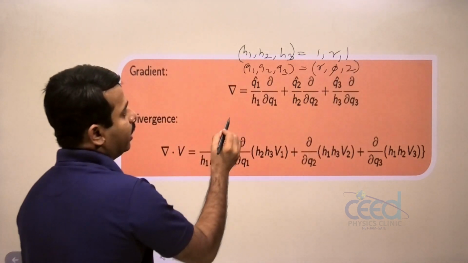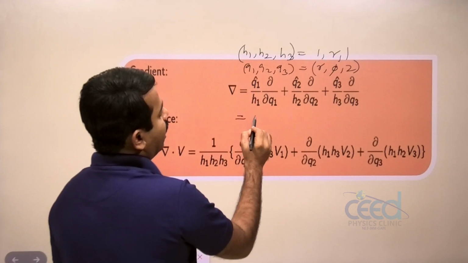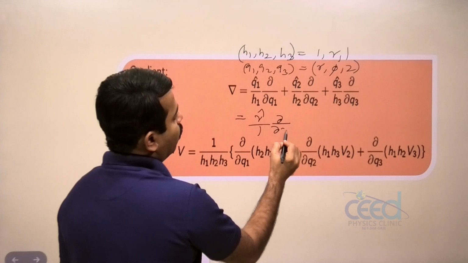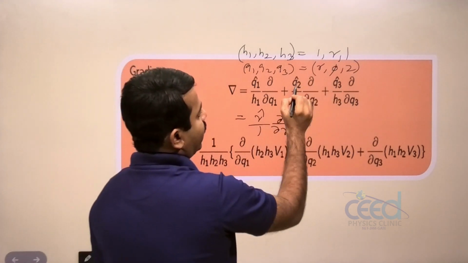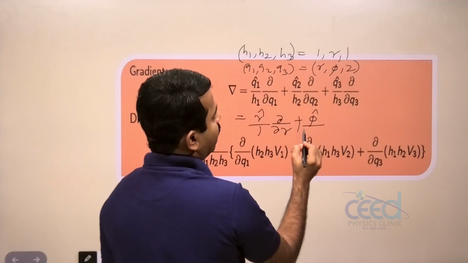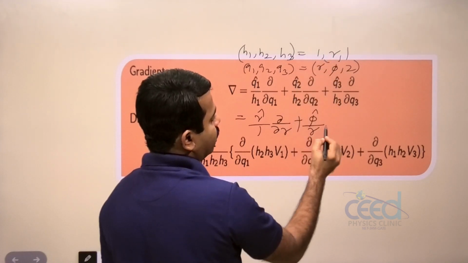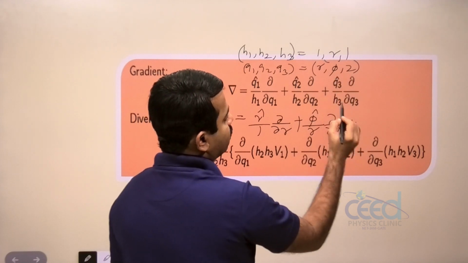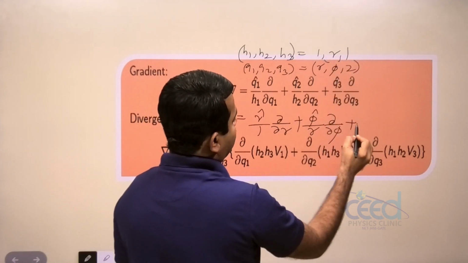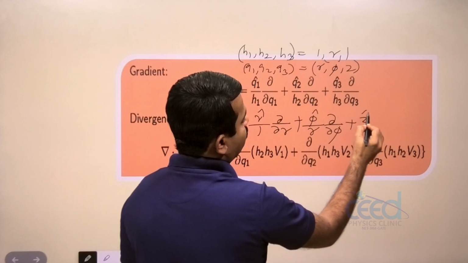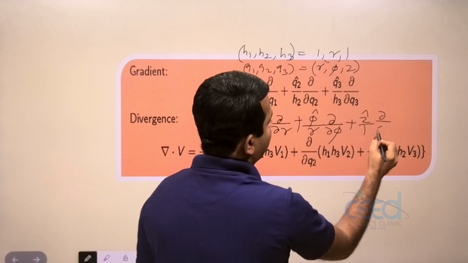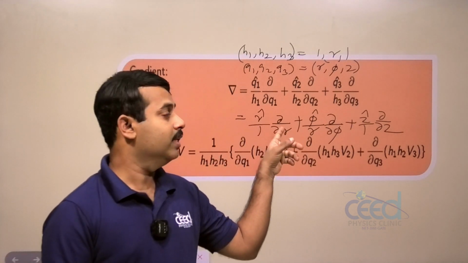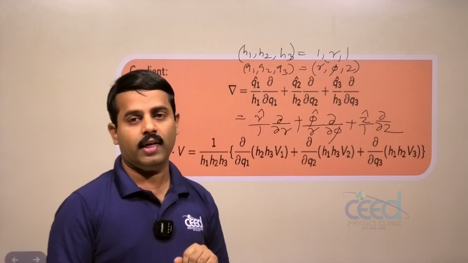Then how do we represent the gradient? r cap by 1 into dou by dou r, plus phi cap divided by r, h2 is r, dou by dou phi, plus z cap by 1 into dou by dou z. This is the representation of the gradient in cylindrical coordinates.